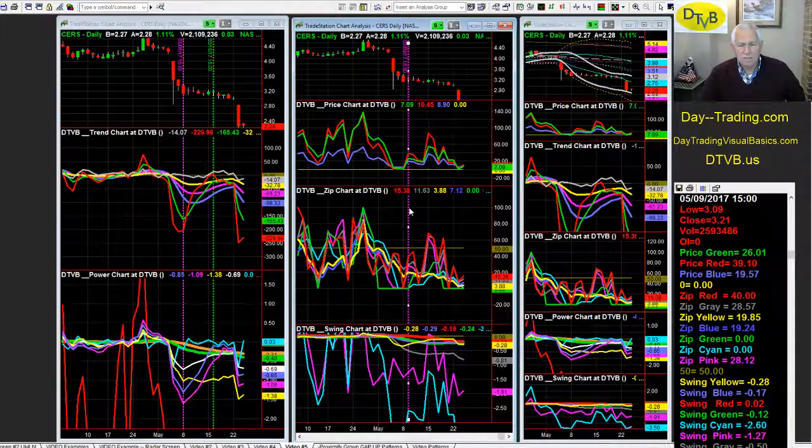The next day, on this day right here, because Zip Red only went up to 40, and with Zip Yellow low, with Green and Zion still at 0, you don't have a good answer as to whether or not you have a signal.